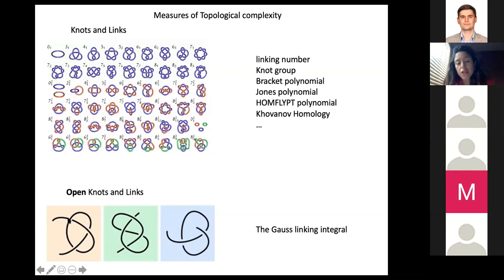The notion of topological equivalence is actually a problem for the functions that rely on that notion, because all these curves are equivalent. We can deform them without cutting and pasting.